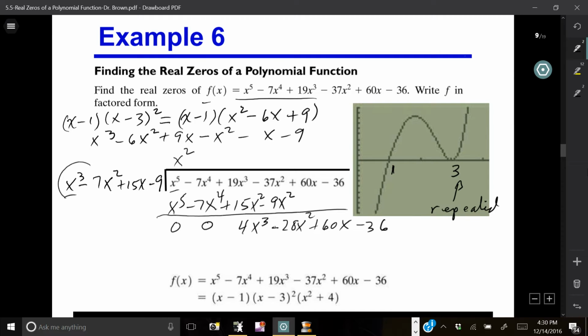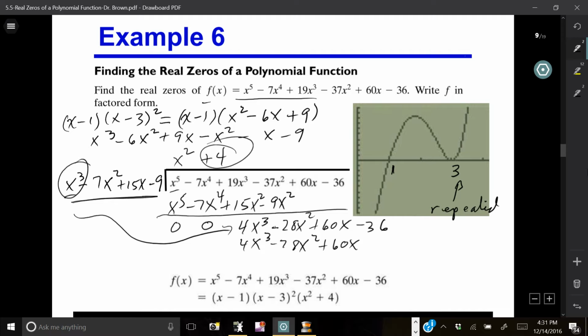And now x cubed goes into 4x cubed 4 times. Multiply 4 times the divisor and you get 4x cubed minus 28x squared plus 60x minus 36. And notice you subtract and you get 0.